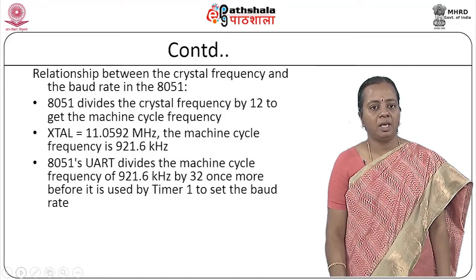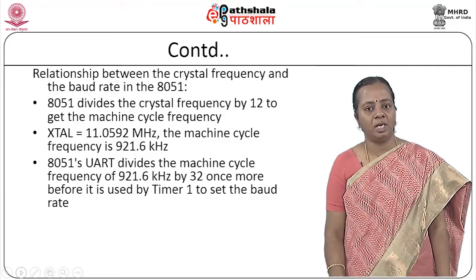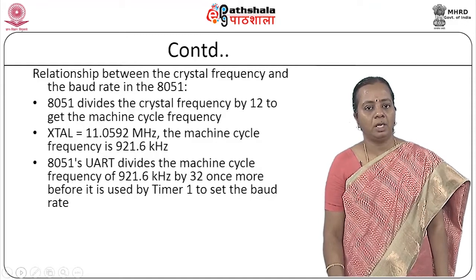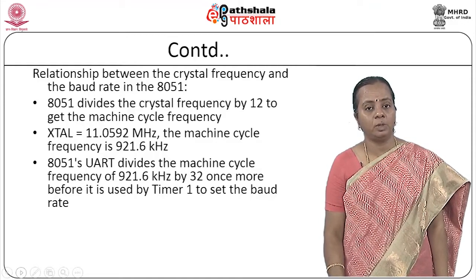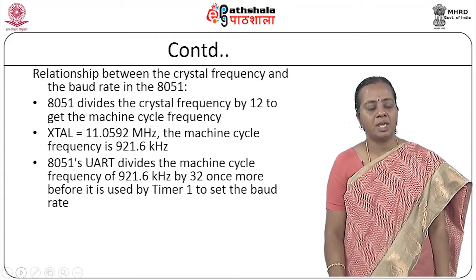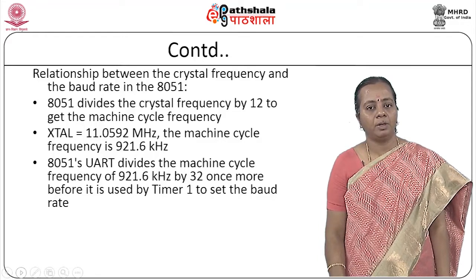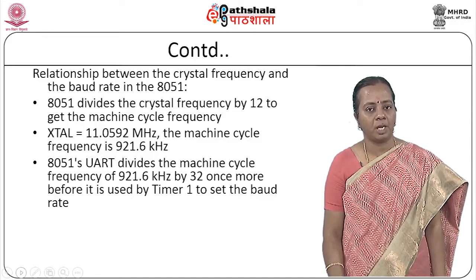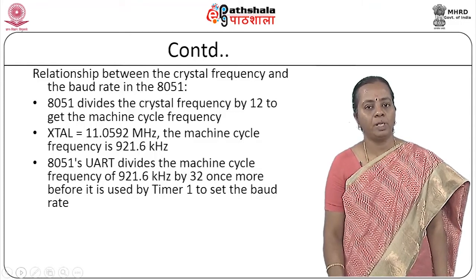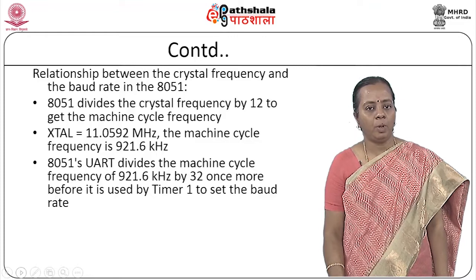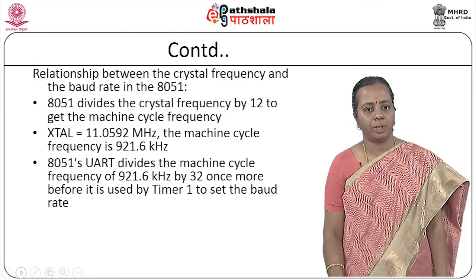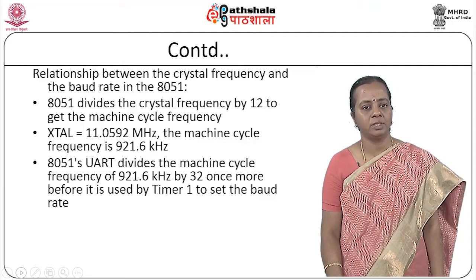As we discussed in the earlier lectures, one machine cycle needs 12 clock cycles, and based on that we do all the work. So 11.0592 megahertz divided by 12 gives the machine cycle frequency, which is 921.6 kilohertz.